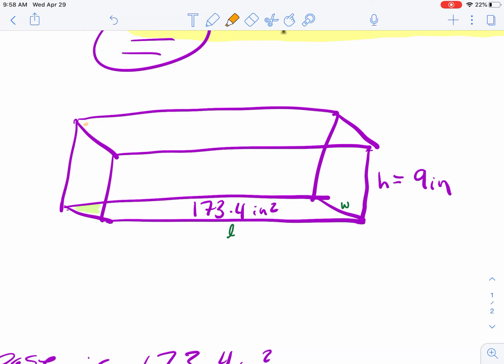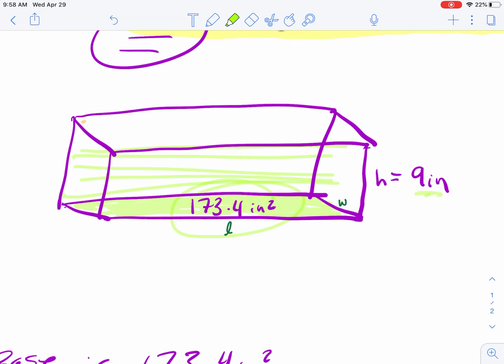Hopefully we have some people saying, wait, Mr. Bravo, I know what we're doing. And that is, if I have this bottom base area and I have my height, I can simply, if I want to figure out how many of these layers I'm going to have to put to get all the way to the top, I just have to multiply 173 4/10 by my height.